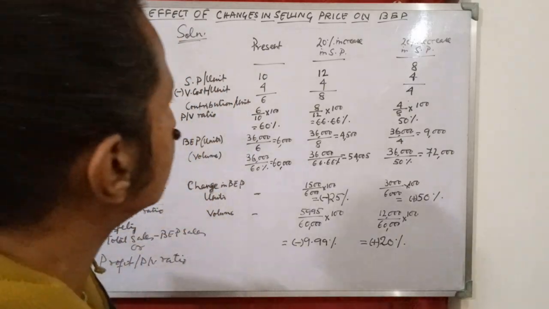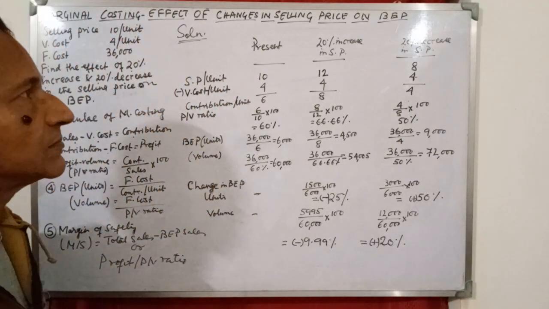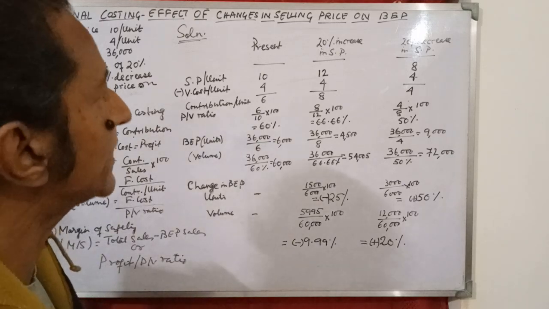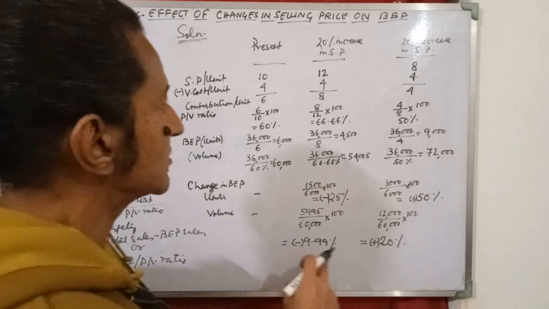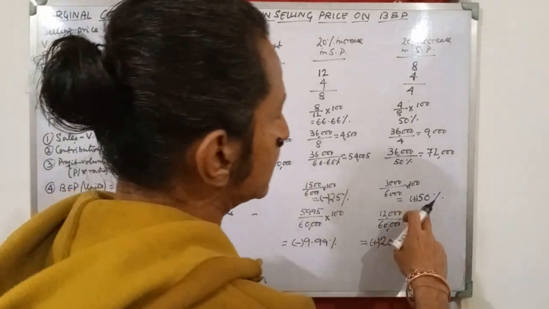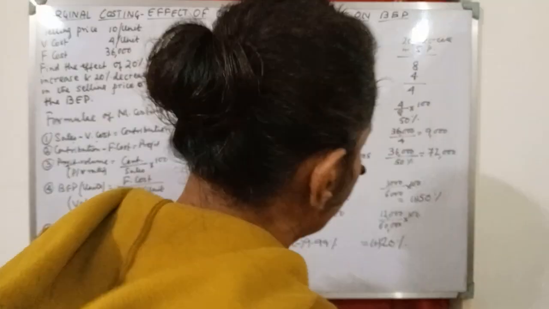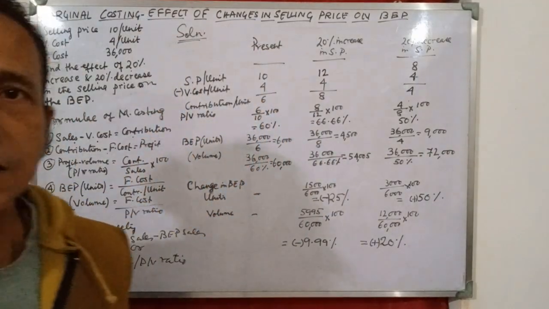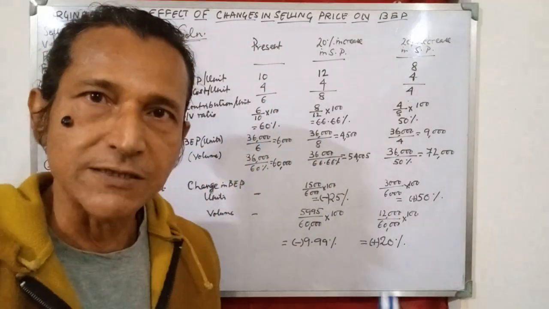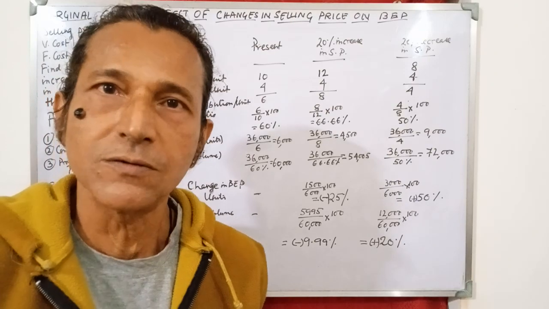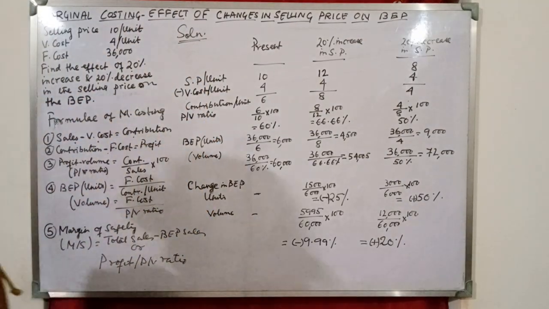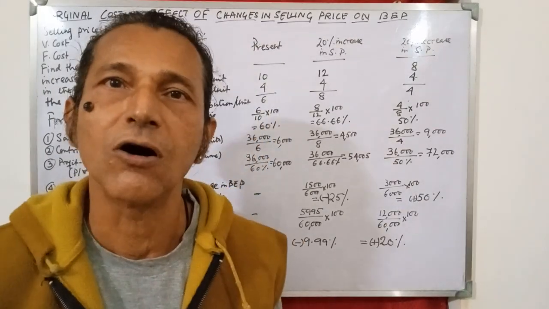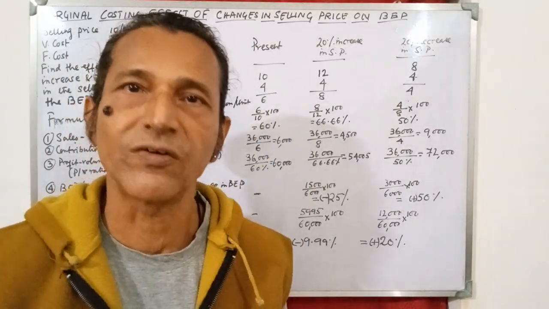And when the selling price decreases by 20% from 10 to 8, then BP in terms of units is increasing by 50%, and BP in terms of sales volume is increasing by 20%. So these are the effects of changes in selling price on the break-even point of a firm.